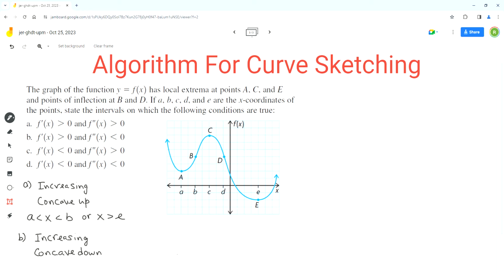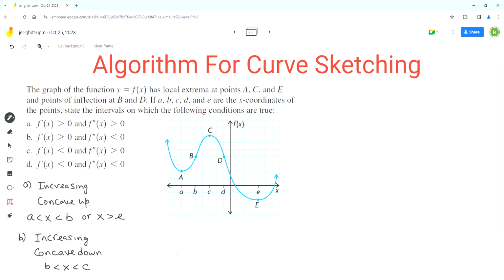So that's from B to C, because as we go from point B to point C, the curve is going upward and the curve between B and C is making a frowny face. So that's why the interval for part B is x is between B and C. Now there is no other interval in which the function is increasing and is concave down.